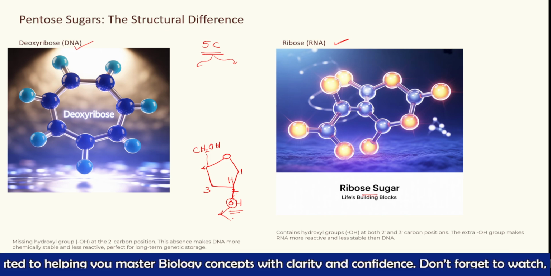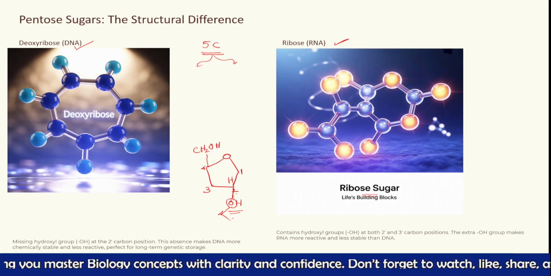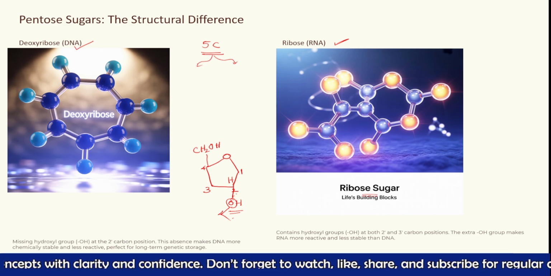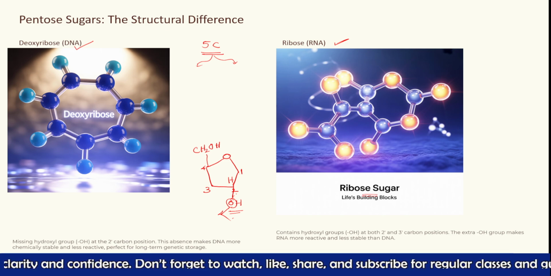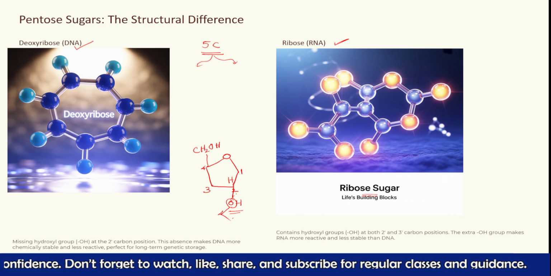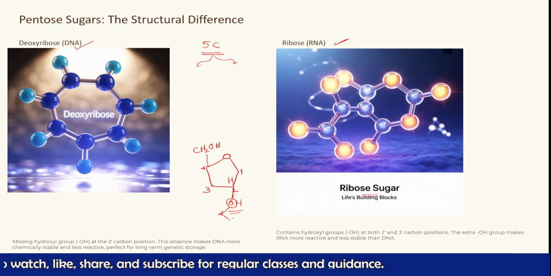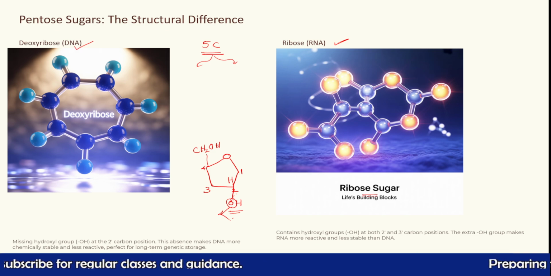So that is one of the structural differences between the DNA and the RNA. The structural difference between ribose and deoxyribose explains why DNA serves as the stable genetic storage while the RNA functions in dynamic cellular processes. Note down this point, all of you.